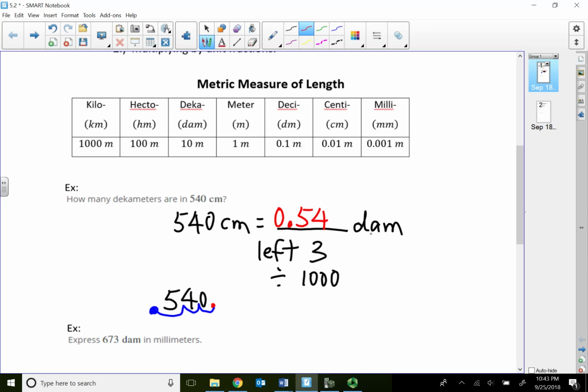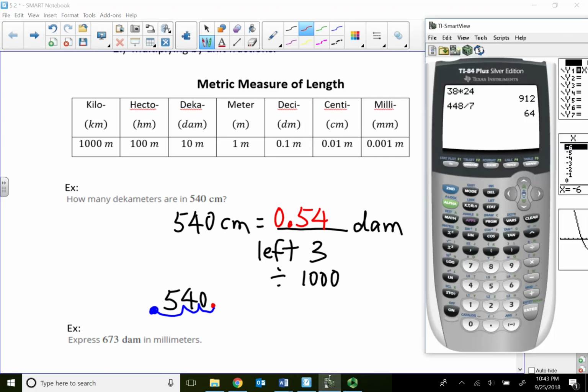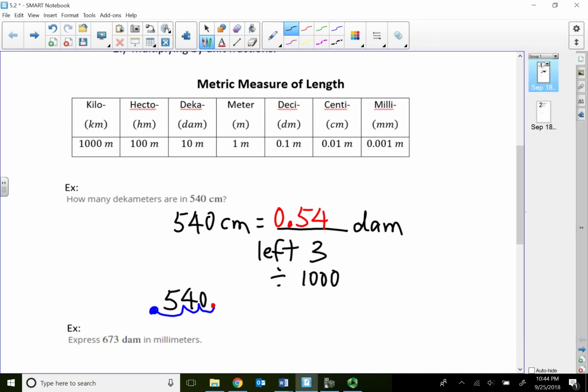So my answer would be 0.54 decameters. Or I can just say 540 divided by 1,000, which is 0.54. In a way, we are saying 1 decameter, to go from decameter to centimeter, is 3 places to the right, which is 1,000 centimeters.